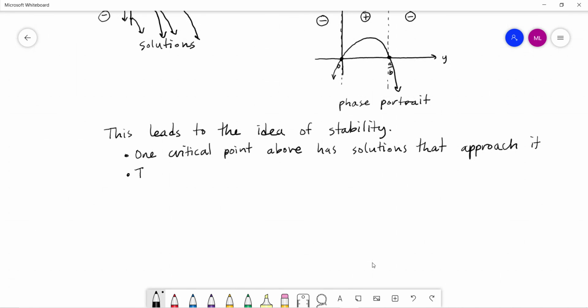The other has solutions that, in a sense, run away from it. Let's be a little more mathematical: that diverge from it.